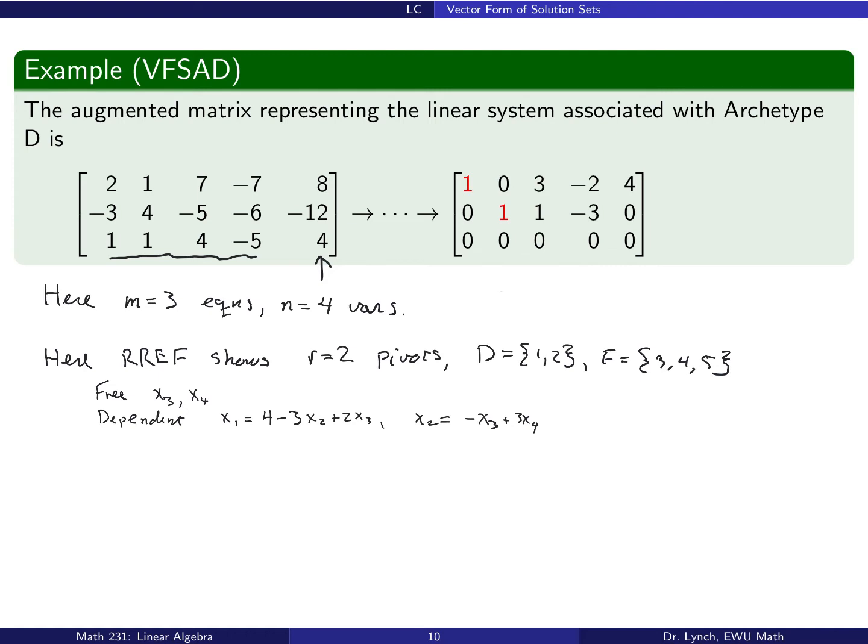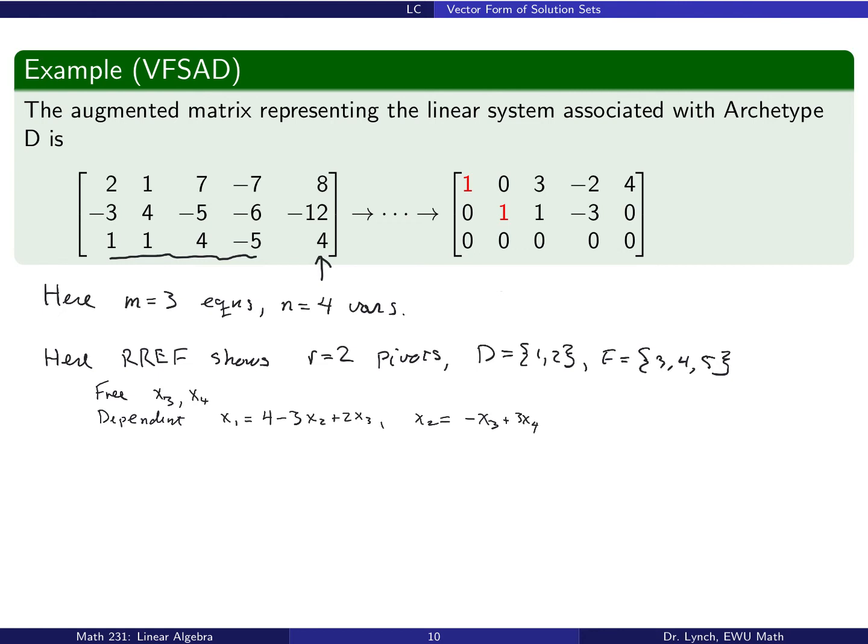Those free variables are x3 and x4, corresponding to the partition F. And the dependent variables are x1 and x2, and we can see pretty quickly that x1 is 4 minus 3x3 plus 2x4, and x2 is negative x3 plus 3x4.